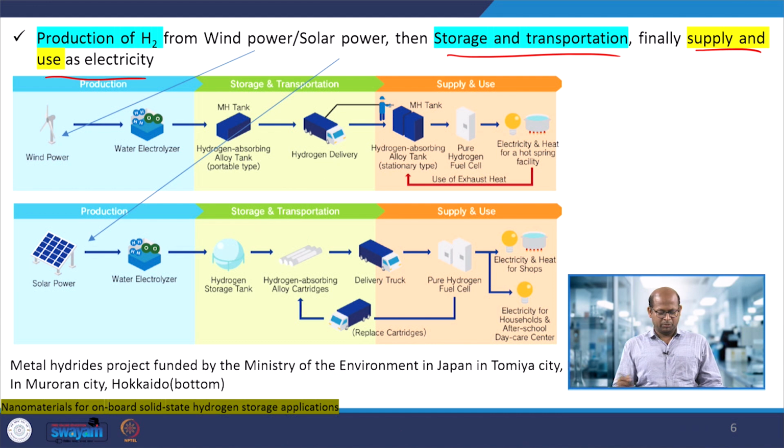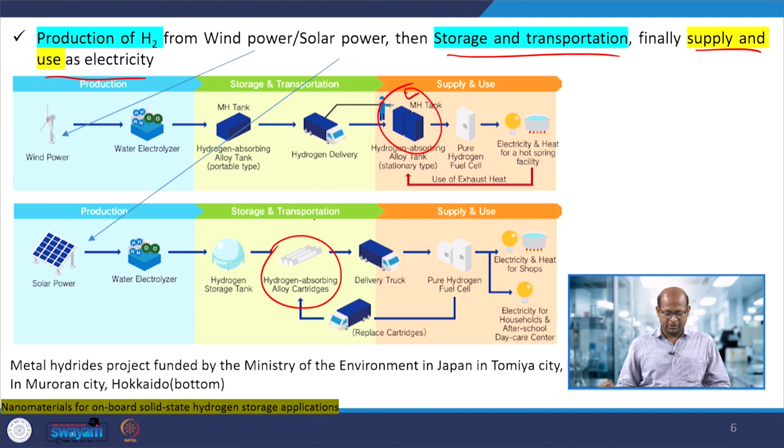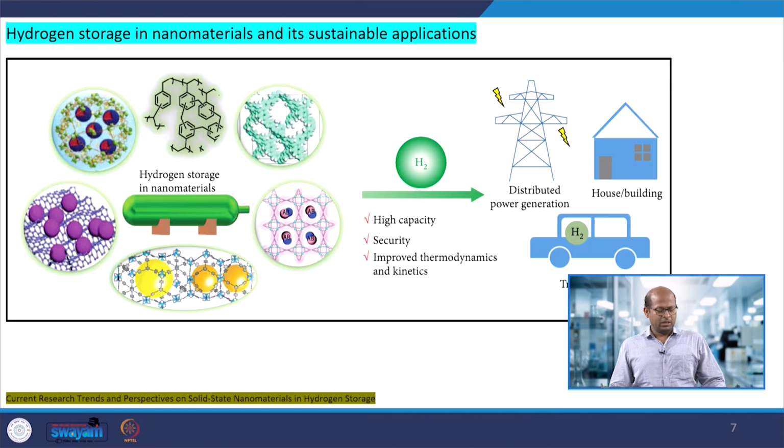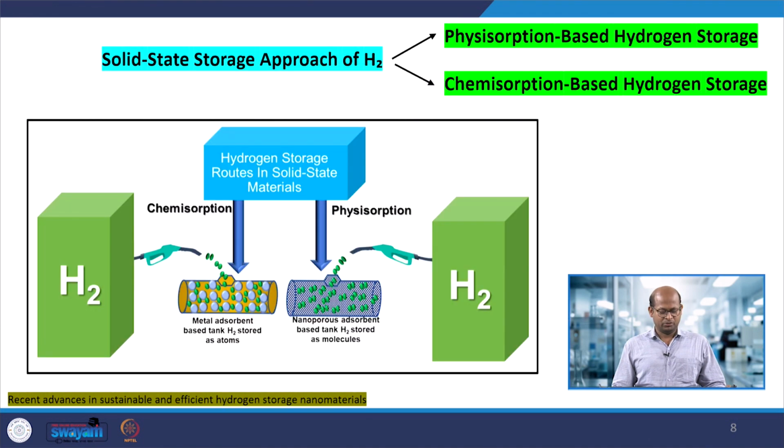In metal hydride tanks, hydrogen can be stored in the form of metal hydrides or absorbing materials, and after that it can be used when required for a specific application. Different materials can be used to store hydrogen.